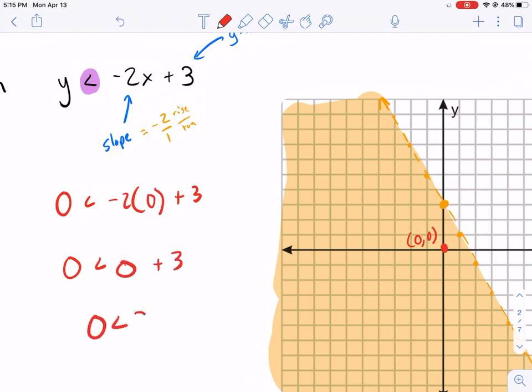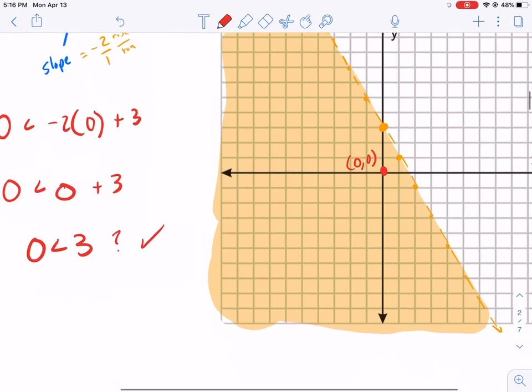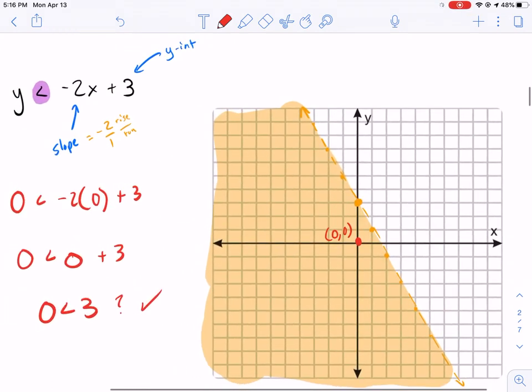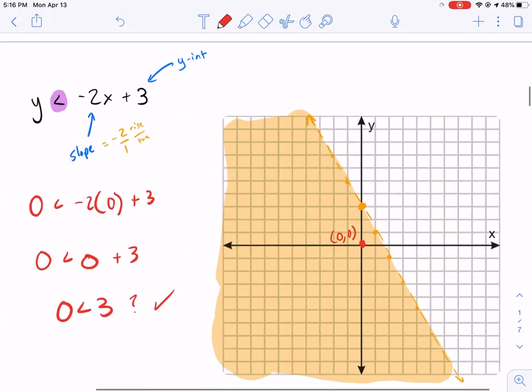Is 0 less than 3? Yes, it is. So this point satisfies the inequality, as do all these points on this side. You could test all these points if you wanted to, but it's unnecessary because one point is enough to prove it.